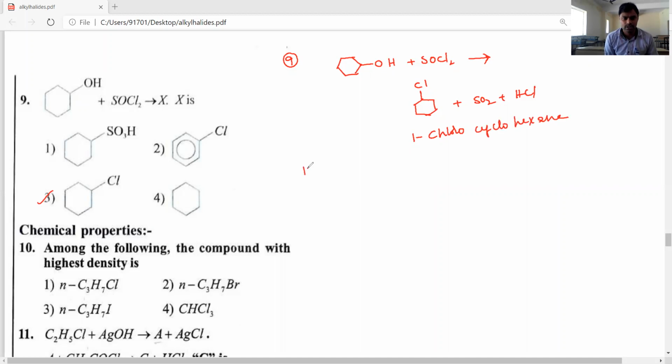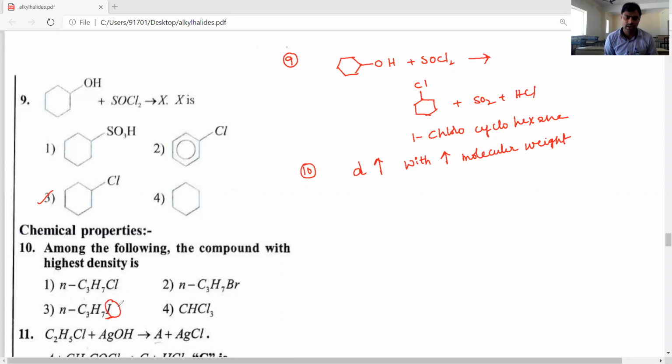Let's see the 10th question. Among the following compounds, which has the highest density? Okay, density increases with increasing molecular weight or molecular mass. So if you observe, the one with more molecular weight is the one containing iodine, C3H7I.